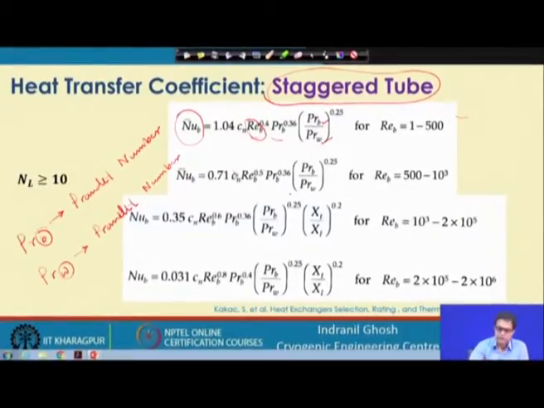So, you will also find another term here, that is Cn. Here also we find a number Cn, and in the earlier correlation also you will find that there is a term Cn, and that Cn takes care of the number of layers.